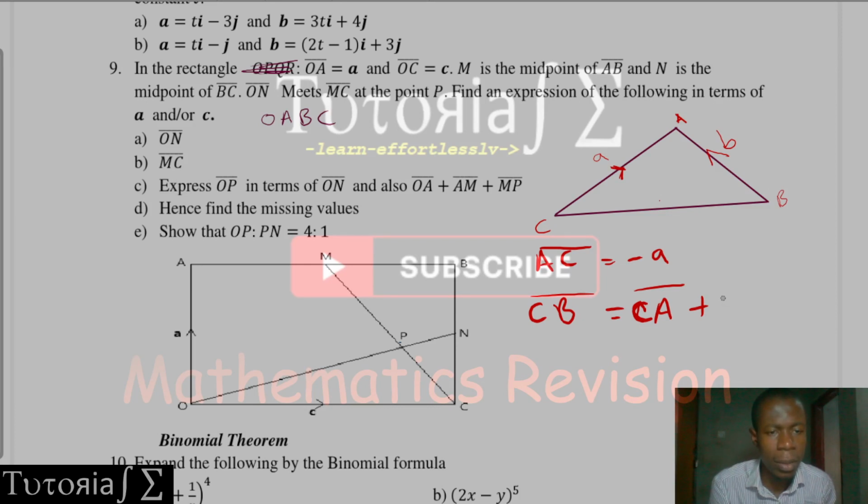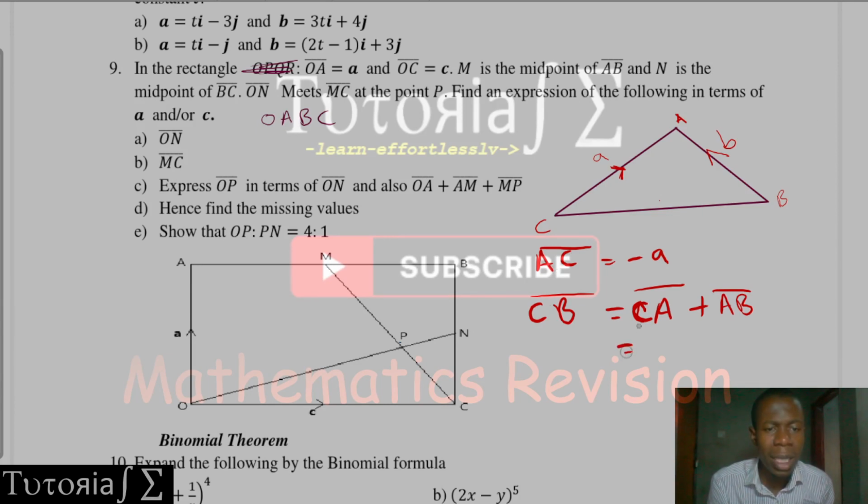Basically, the reason why we cover 2 points is because this is vector addition. Okay, and I'll explain that more later.